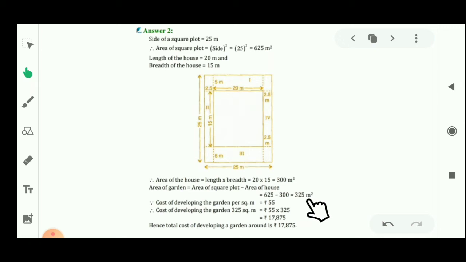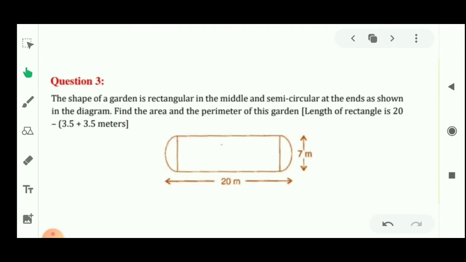This is the area of the garden. Now students, in the last question the cost is given, that means 55 rupees. So we have to multiply 55 by 325, then we can find the total cost of developing a garden around the house, that means 17,875 rupees.